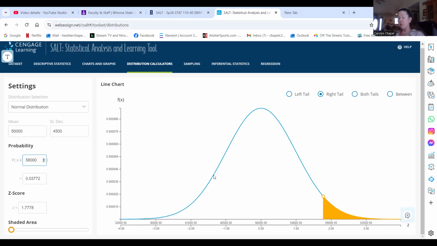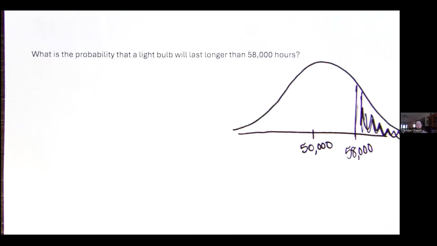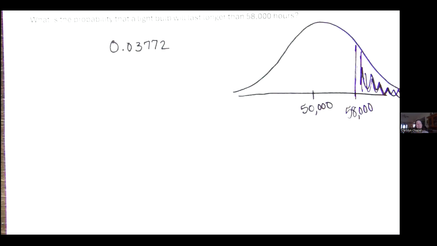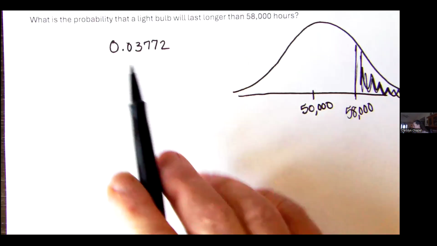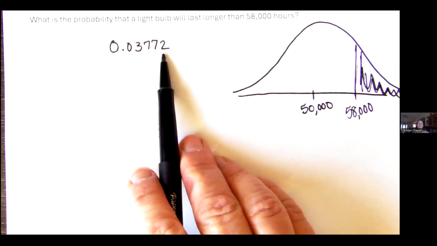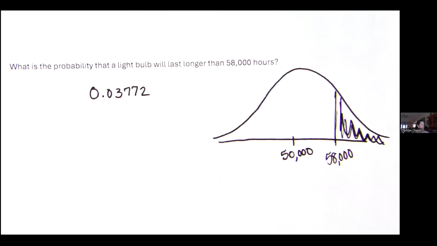So I do appreciate SALT's and Cengage's pictures and idea with their technology to make all those connections for us. I'm going to go back for the last time to our example because I did write the answer in there. Once it updates, you'll see the answer pop in there. There it is. And it's 0.03772. And that is my last answer for finding probabilities of just normal curves using technology.